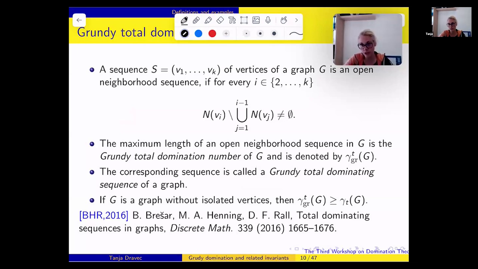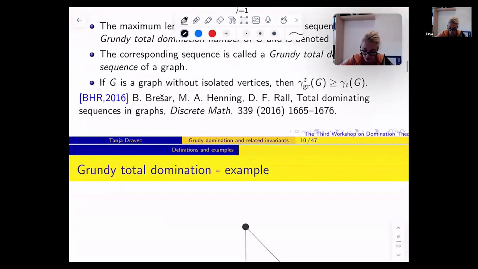For this definition, we don't need graphs without isolated vertices, because isolated vertices cannot be included in the sequence. But if I have a graph without isolated vertices, then if I take the longest possible open neighborhood sequence, the corresponding set is a total dominating set. So the Grundy total domination number, which is the cardinality of the longest open neighborhood sequence, is an upper bound for the total domination number.